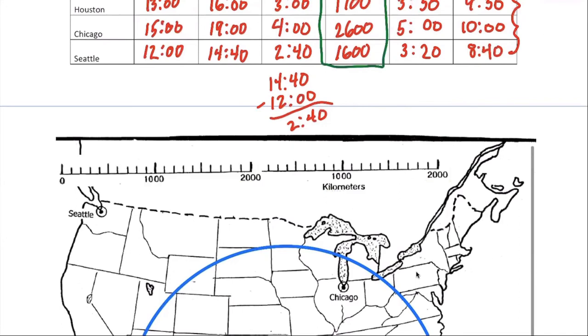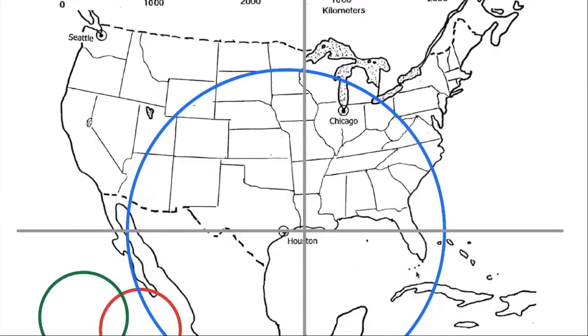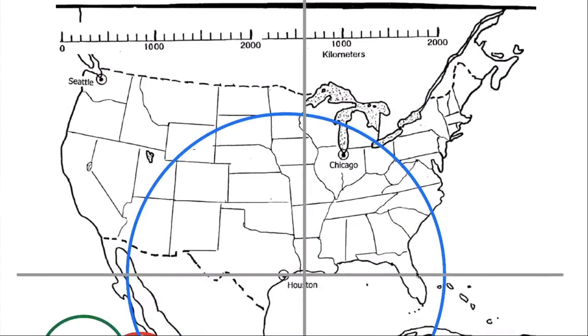And why do I need to do that? Because like we said, I need a circle that has a radius of 2,600. Here's 2,000. Here, this would be 2,500 right there, and 2,600 is right there. So that's how big half of my circle needs to be. So again, very clumsy and weird, but I'm doing it. Chicago is going to be our green circle here. So let me grab him and bring it up.